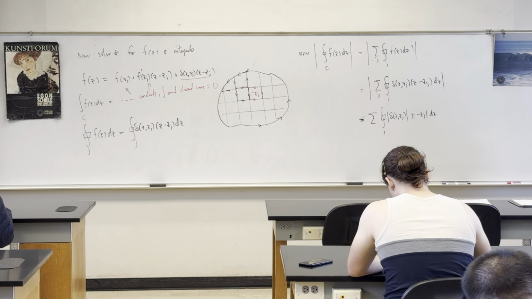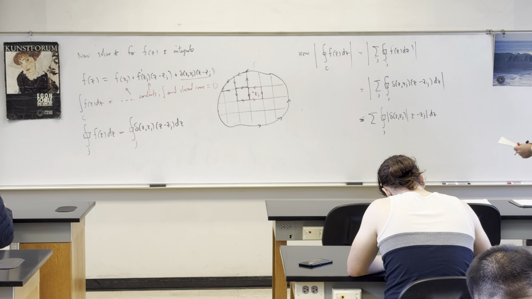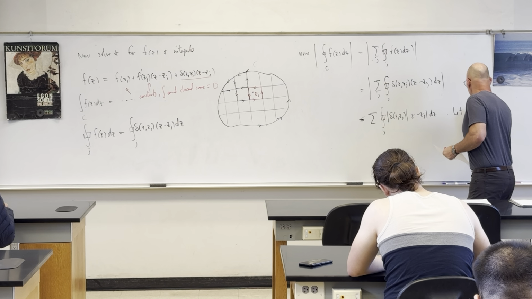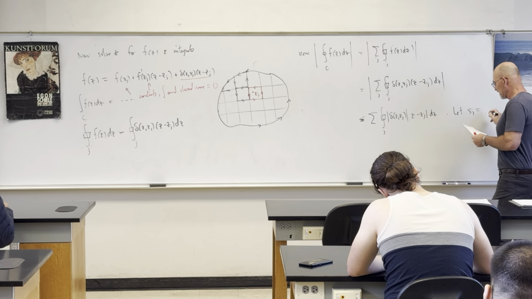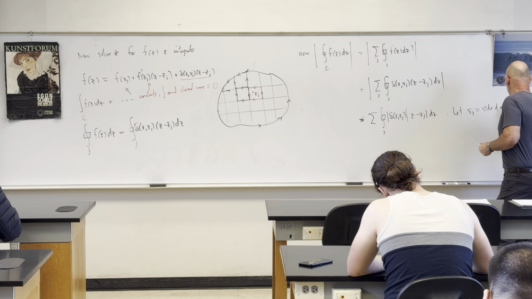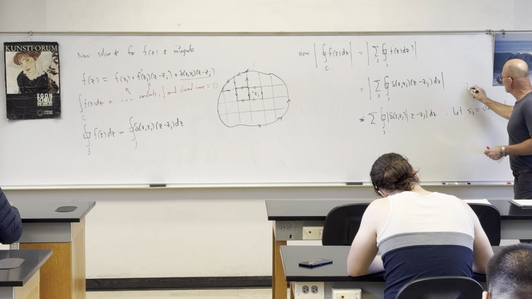So now we're going to estimate this. Let s of j equal the side of a box. So s of j is the side of one of these boxes.